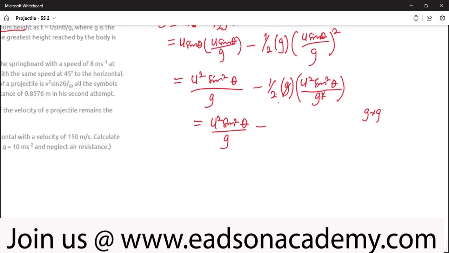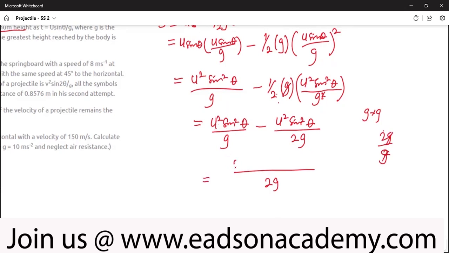When fractions multiply, the numerators multiply and the denominators multiply. So 1 times u squared sine squared theta is u squared sine squared theta, then 2 times g is 2g. The LCM of g and 2g is 2g. 2g divided by g leaves 2, then multiply that 2 by u squared sine squared theta.